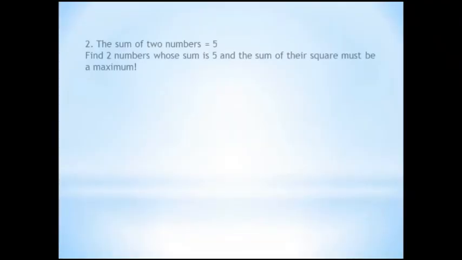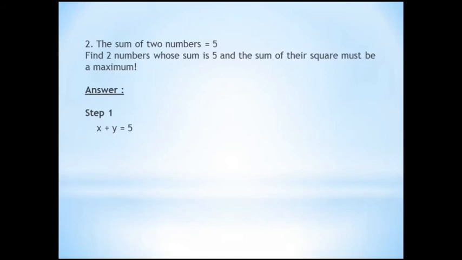Example: the sum of two numbers is equal to 5. Find two numbers whose sum is 5 and the sum of their squares must be a maximum. Answer: choose x as the first number and y as the second number. So x plus y is equal to 5.